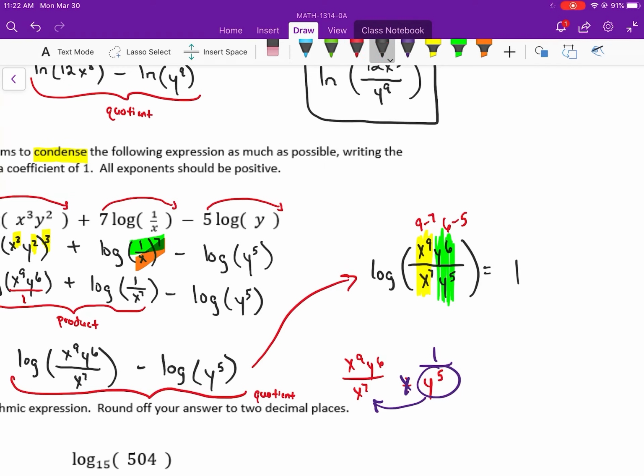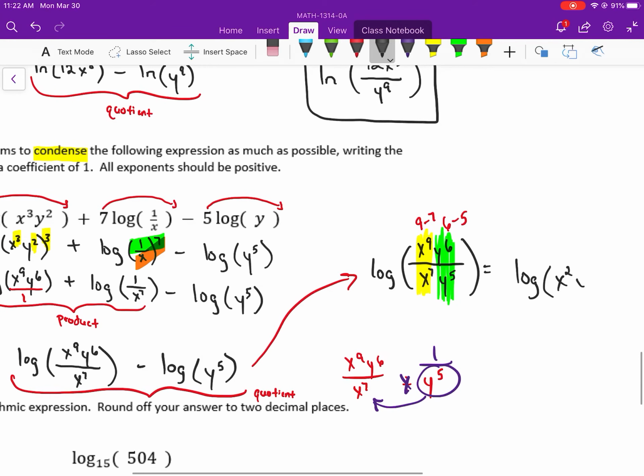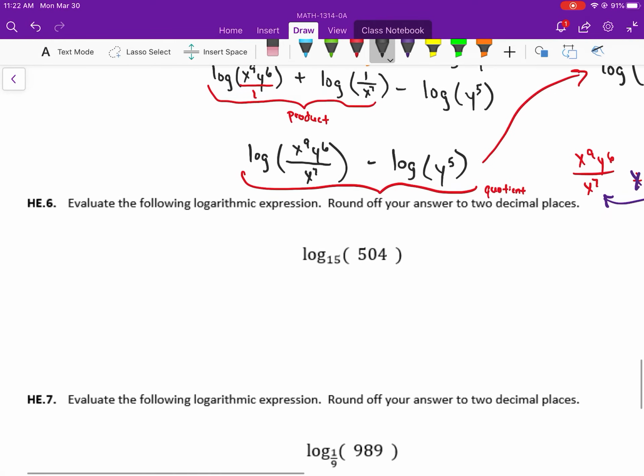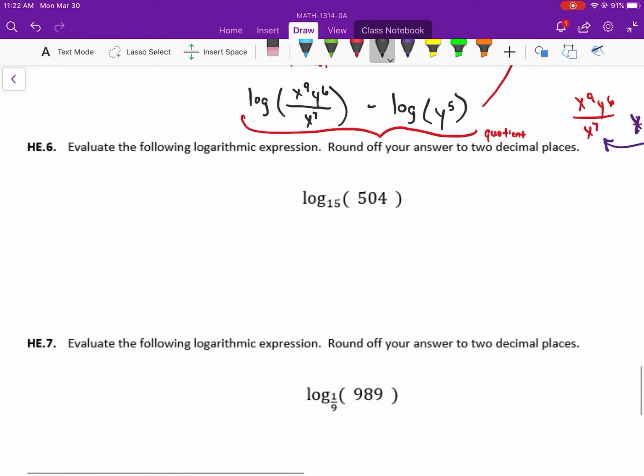It's always the numerator exponent minus the denominator exponent, okay? So very important there. All right, so let's simplify this. So we get log of x, 9 minus 7 is 2, so x squared, and y, 6 minus 5 is 1, so it'd just be 1y, and that is my answer. Log of x squared times y.